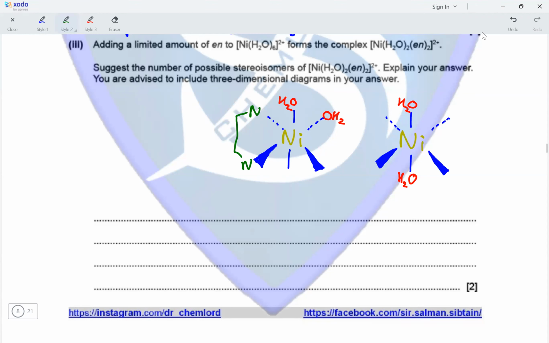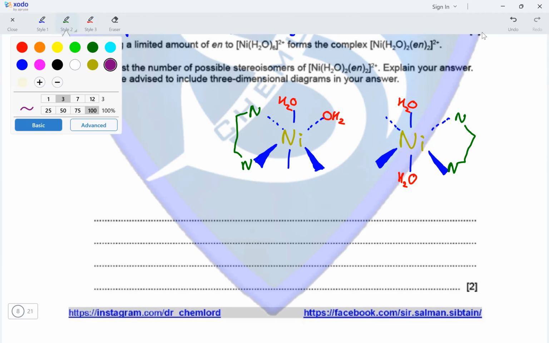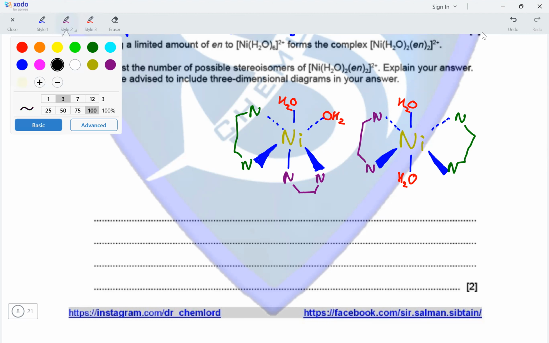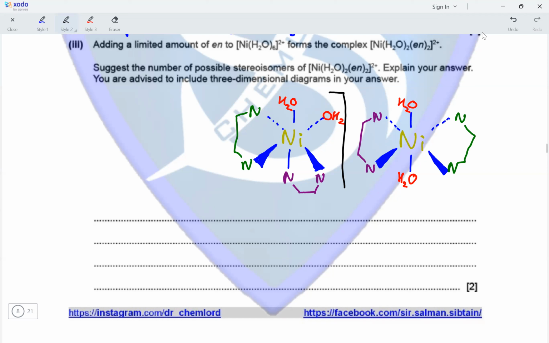placed in the remaining positions. So this is one en molecule and this is the remaining other en molecule. So now we've got the six dative bonds occupied by the relevant ligands, and in order to complete the complex we make square brackets and place the charge of 2+ on the square brackets to show the charge of the complex ion.